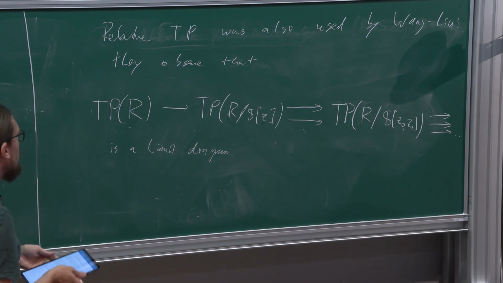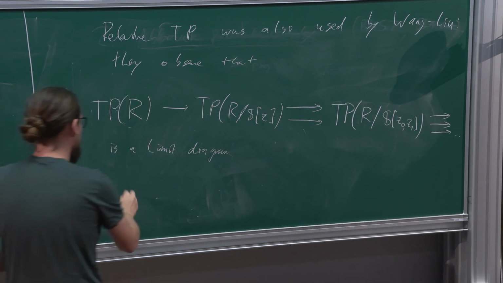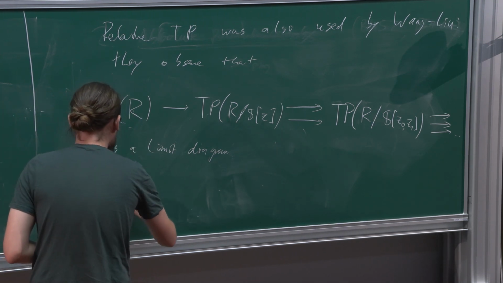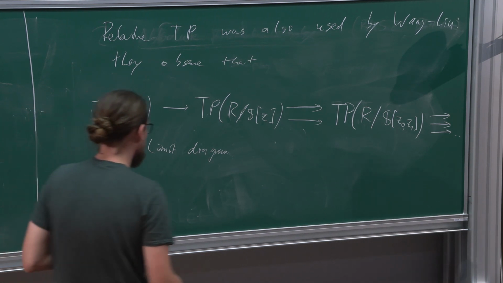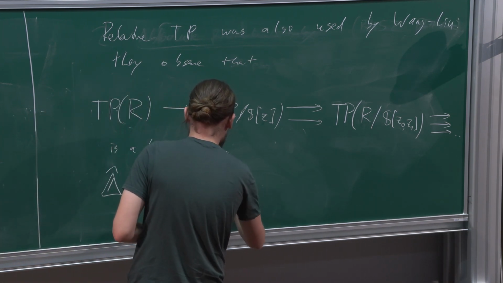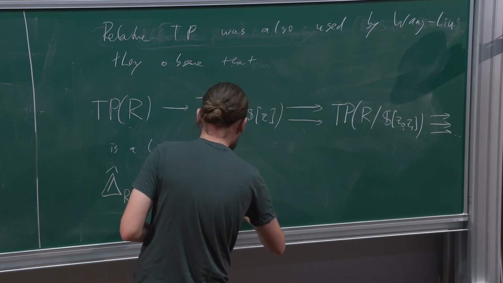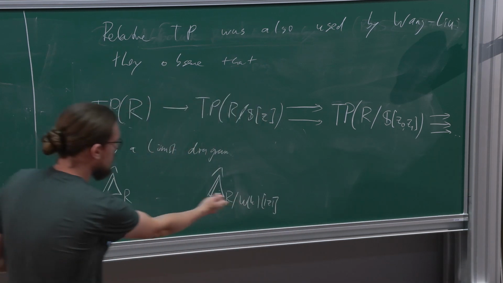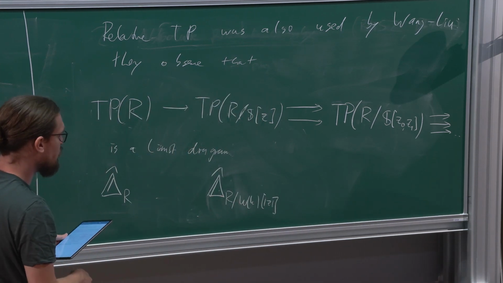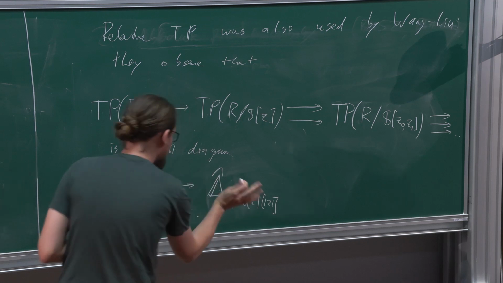And now, if you want to make sense of the same thing in prismatic cohomology, you would start by doing something like the prism R. And then here you want to put the relative thing, which in BMS2 should be this Witt vector thing. That's good, right? Okay, we have a map like this.